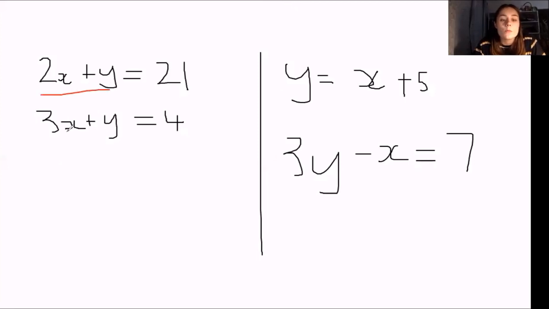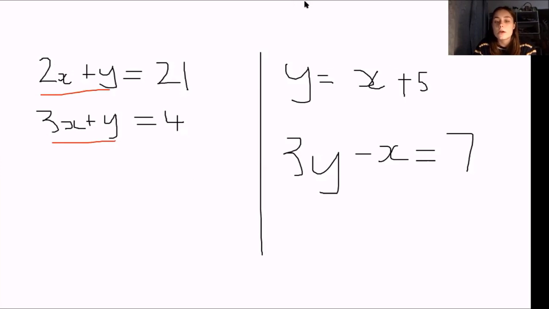See how the x and y are both on the same side of the equal? Yeah. And so it would be easy just to make them both equal to 6. So then times this by 2 and times this by 3. Do you remember how you did that? You times them all and then minus or plus them to get, so that one's easy to do the elimination because they're both on the same side.